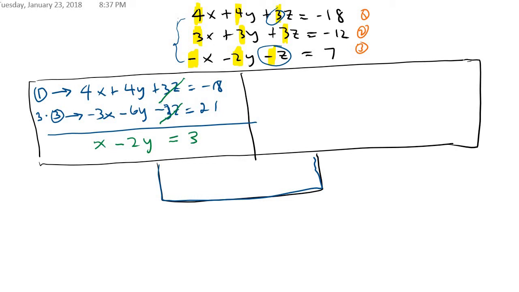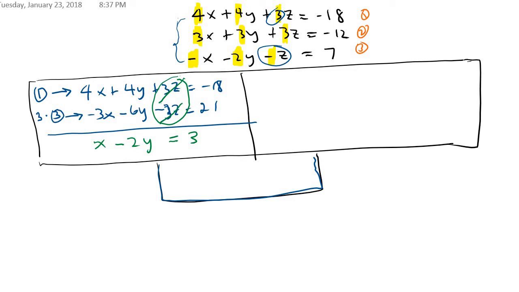So the most important thing to remember is that whenever you are solving equations by elimination, you always have to eliminate the same variable. So we already eliminated z, so we need to find another way to eliminate z from another pair of equations.